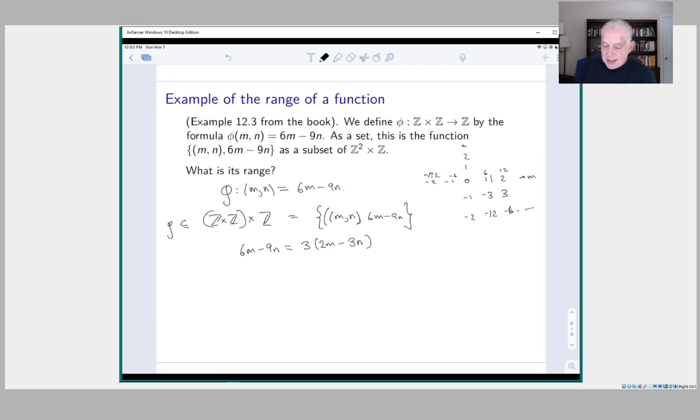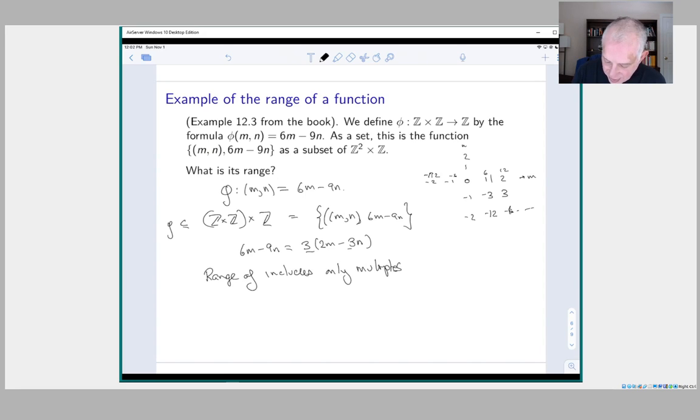And so one thing you should notice is that all of the numbers in this grid are multiples of 3, and that should be pretty clear because what we're computing is multiples of 3. So the range of phi includes only multiples of 3.